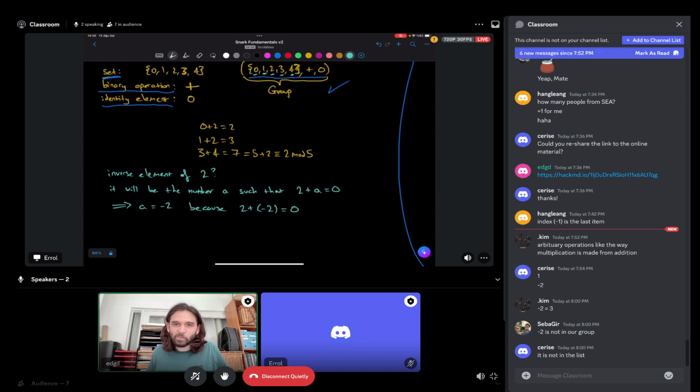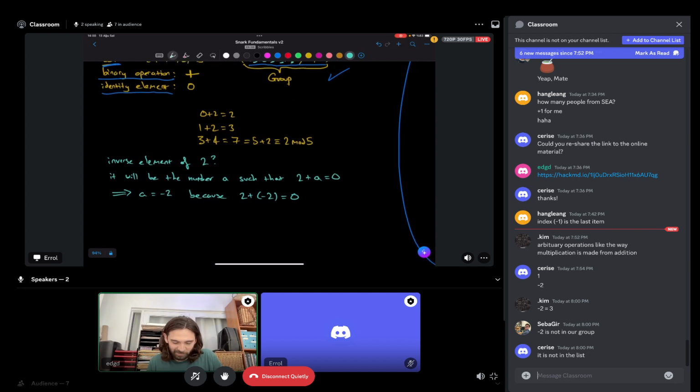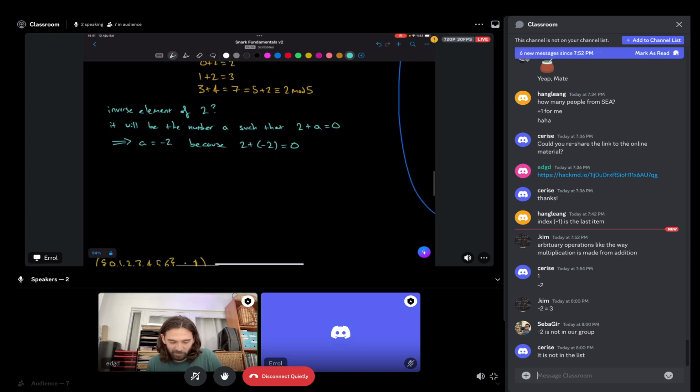As far as we're concerned, it's not a number that necessarily exists in our potential group. We haven't proven that it's a group yet. And as Kim noted, it will be the number 3. And why is that? Because we just have to satisfy this property. If we check 2 plus 3, that equals 5, which doesn't seem like 0, but under our modular group, it is 0 because we're under mod 5.